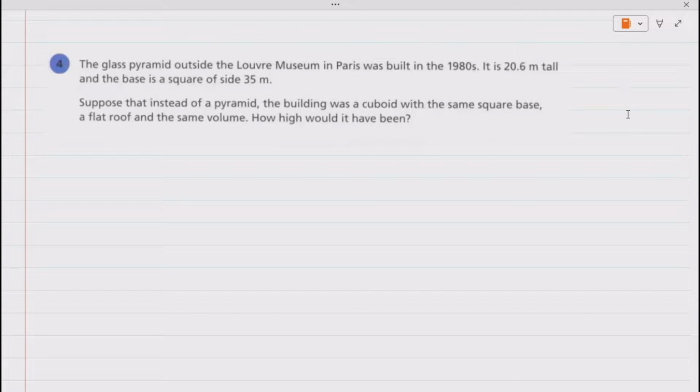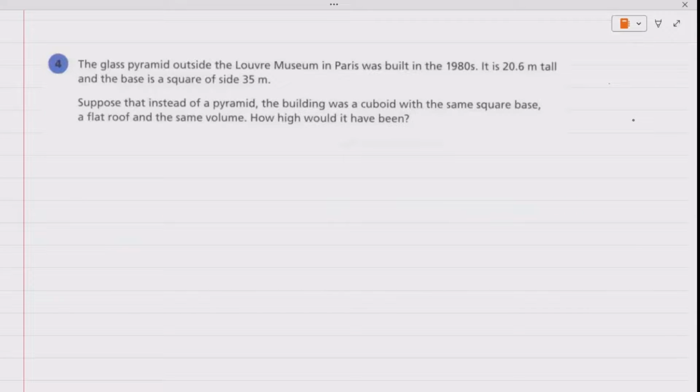Okay, so question 4 is saying that we have the glass pyramid outside the Louvre Museum in Paris, and it was built in the 1980s. It is 20.6 meters tall. So we have the pyramid, something like this, and the height of this pyramid we are given is 20.6.